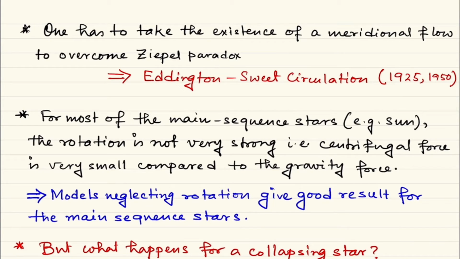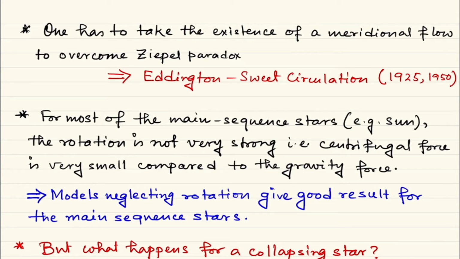This meridional flow in the interior of the star is known as Eddington-Sweet circulation, because it was first discovered by Eddington, and Sweet did the theory 25 years later, in 1925.